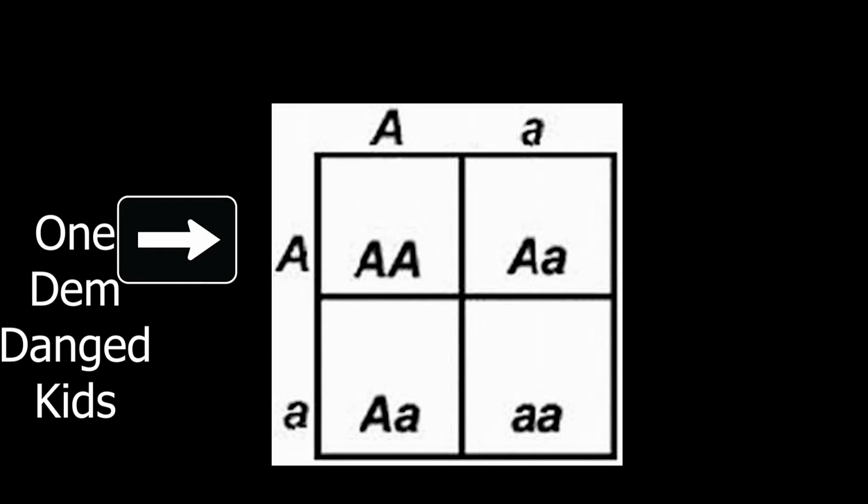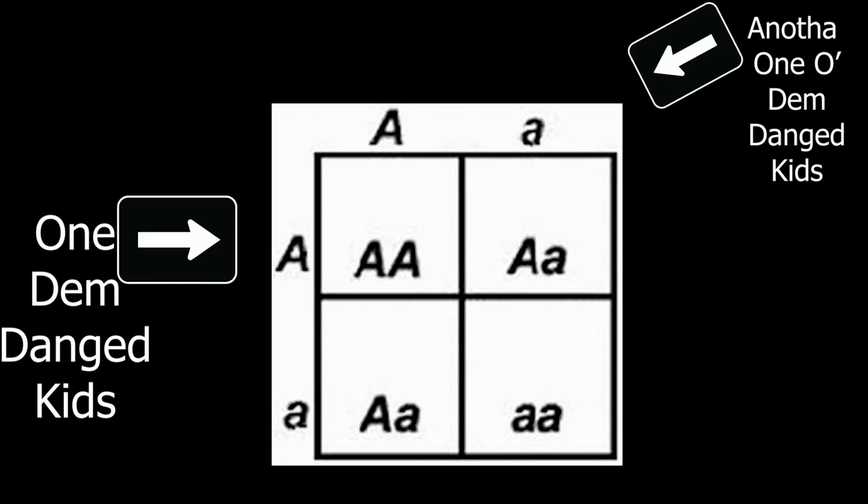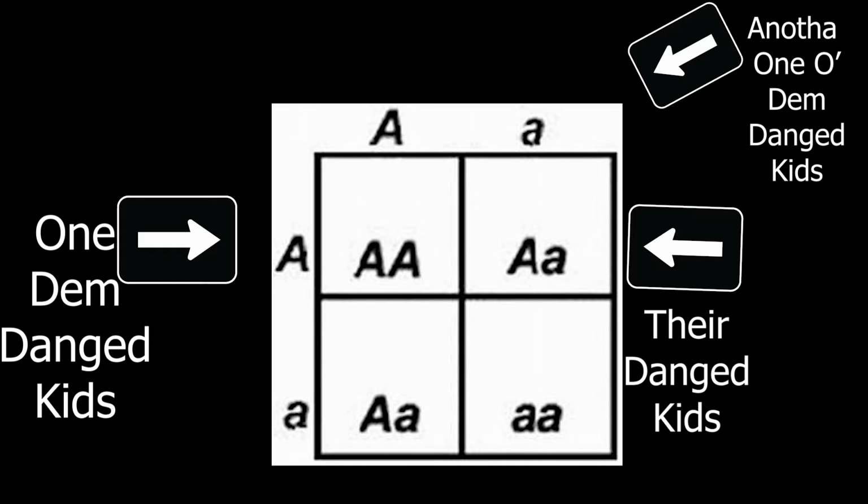Now, if we take one of those kids and combine it with another one of those kids, both of them being jungle carpet pythons, het for IJ, Irian Jaya, or Papuan, this is what you get. Basically, you get 25% of the offspring being completely normal, jungle carpet python look.